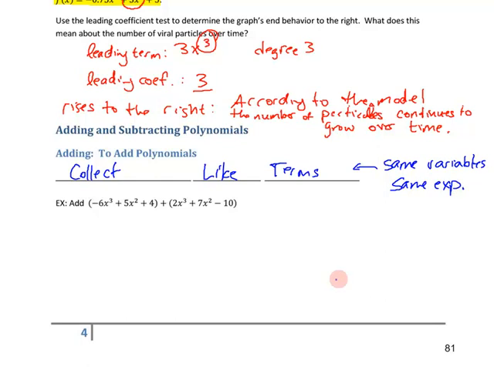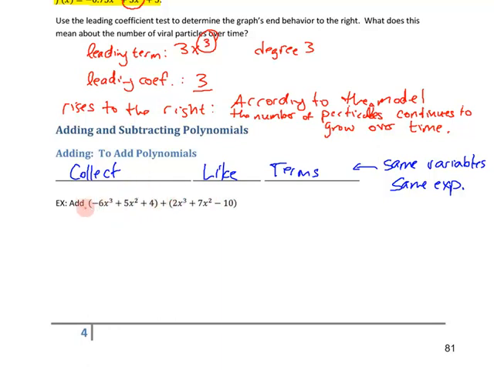Okay, so here's a polynomial, negative 6x cubed plus 5x squared plus 4, and we're adding it to the polynomial 2x cubed plus 7x squared minus 10. Okay, so first thing I want to do, since there are parentheses, is check inside the parentheses to see if I can simplify. And there's nothing inside the parentheses that I can do. So I'm going to get rid of the parentheses, right?